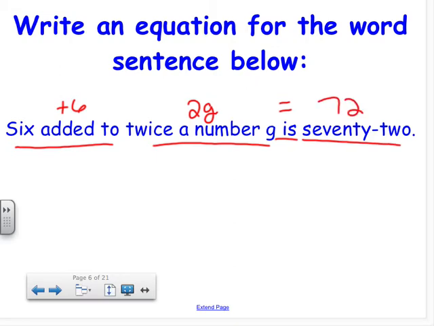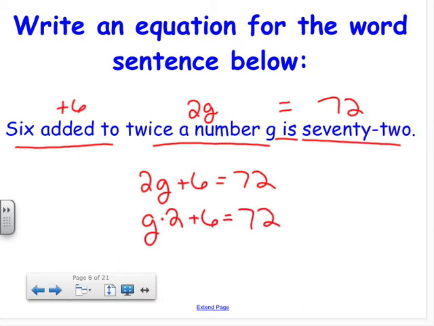We can write it a couple of different ways: 2g plus 6 equals 72, or 6 plus 2g equals 72. You may have written it like this: g times 2 plus 6 equals 72. That's also correct, but please note that this one's a little bit better.